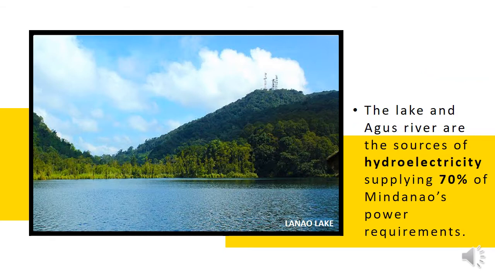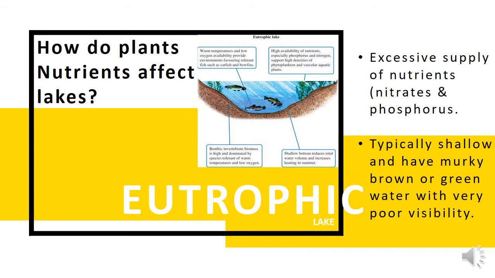Lake Lanao and the Agus River are the sources of hydroelectricity supplying 70% of Mindanao's power requirement. A lake with a large or excessive supply of nutrients needed by producers is called a eutrophic lake.